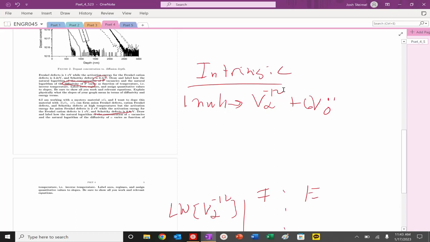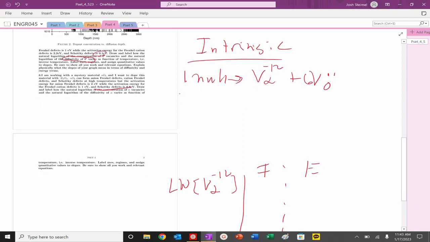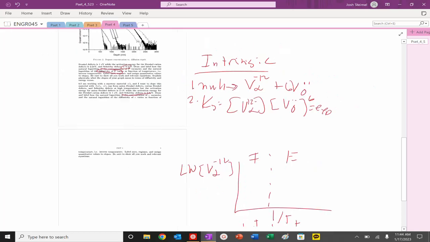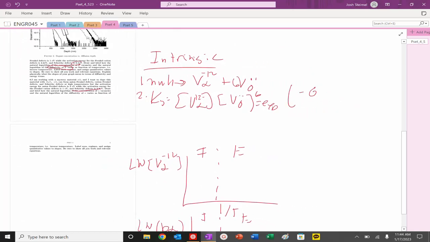It's not technically correct Kroger-Vink, but that's a lot of dots, or actually dashes, primes, to put. Now, K Schottky equals what? Concentration of V alpha 12 minus, times vacancy of oxygen to the 6, equals exponential of minus G formation of Schottky over KT.